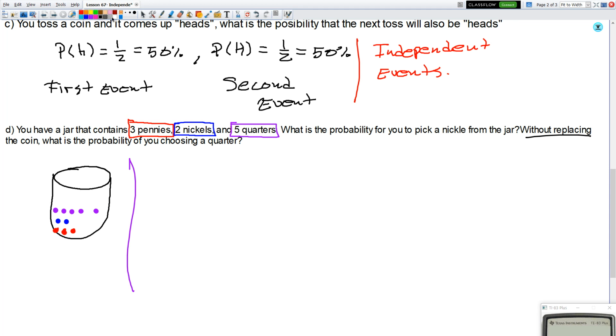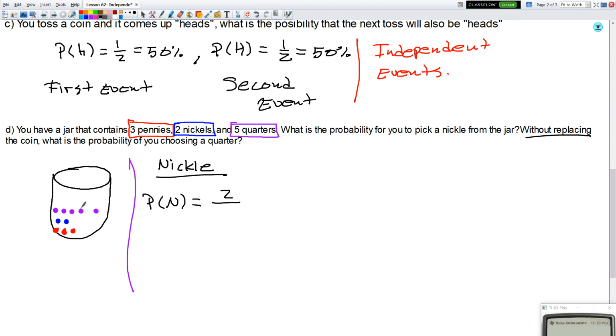Let's look at the first probability, because it says, what is the probability for you to pick a nickel from the jar? This is what we have for nickel. The probability for us to be choosing a nickel is going to be, how many nickels do we have in this jar? Well, we have 2 nickels to choose from. And now, how many different options of coins do we have in total to choose from?